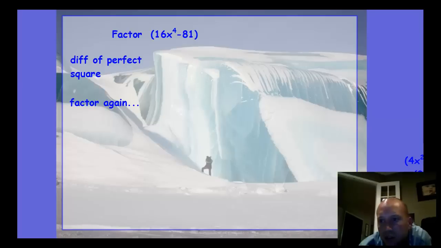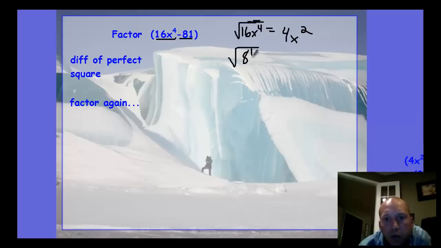Factoring, this is like a difference of perfect squares, and so when you're looking at the problem, you're looking for, can you square root those two terms? So when we look at the square root of 16x to the 4th, the square root of the number is 4, the square root of x to the 4th is always half your degree, so it'll be x squared.